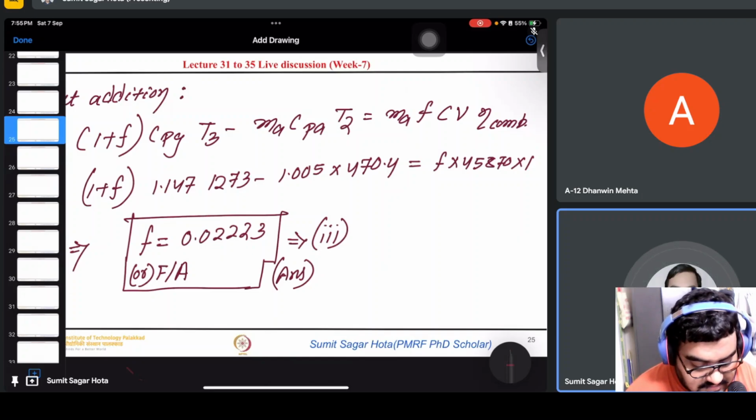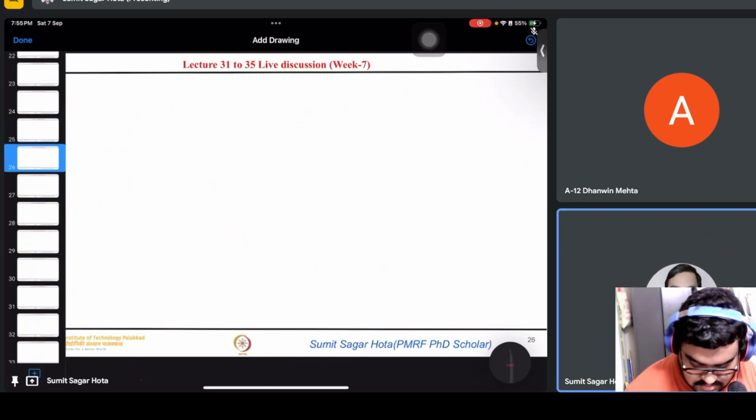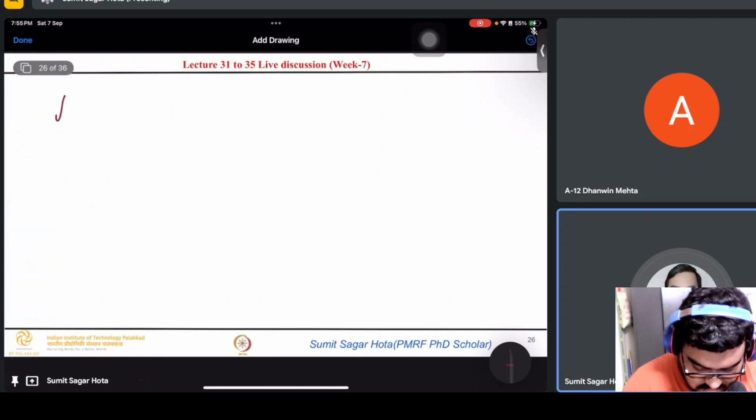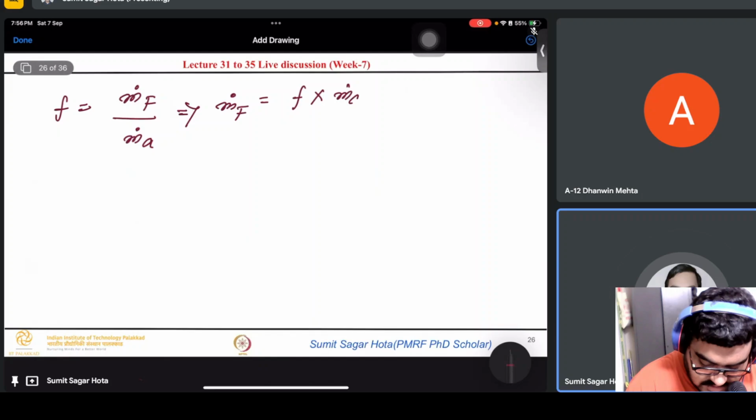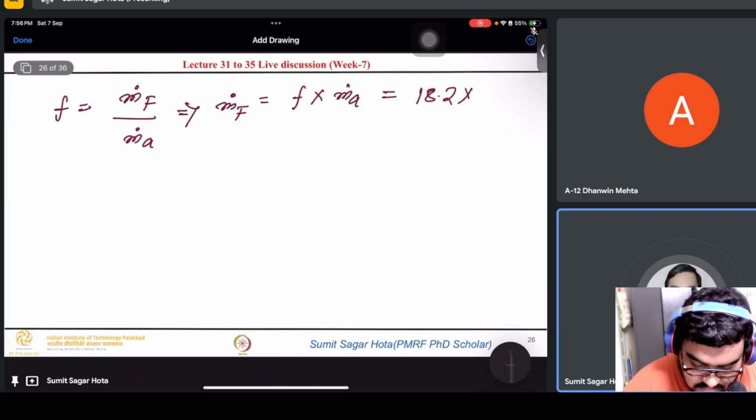So let's find out the m dot f. So we know f is equal to m dot f by m dot a. Okay, so we need m dot f is equal to f into m dot a. What is f? What is m dot a?